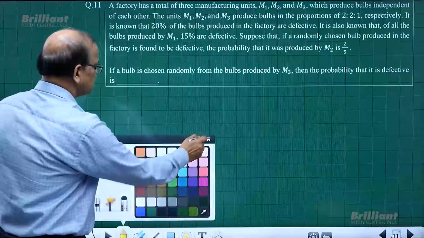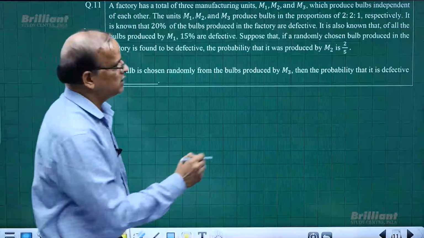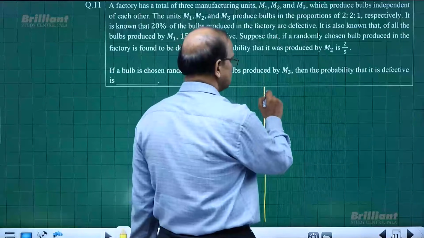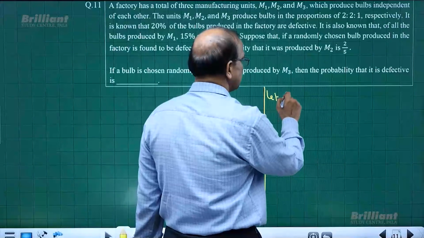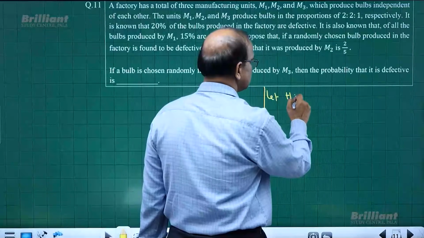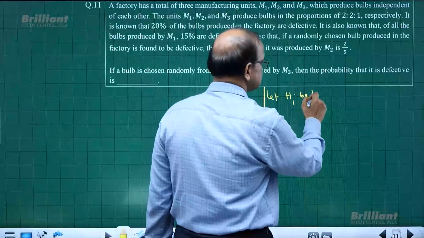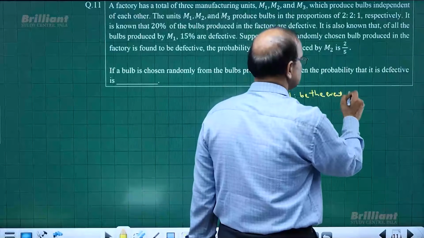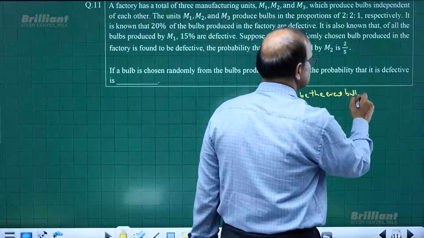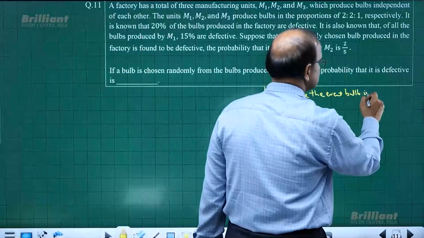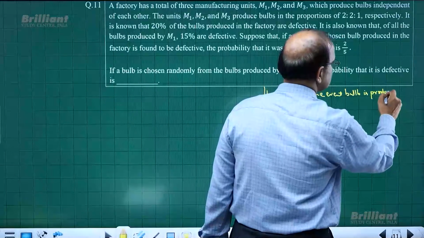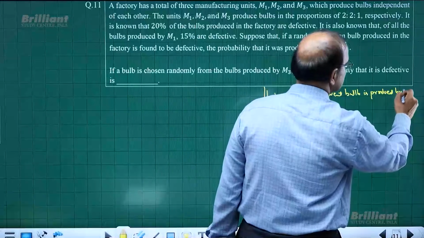So now we will introduce some events, right? Let H1 be the event that the bulb is produced by unit M1.